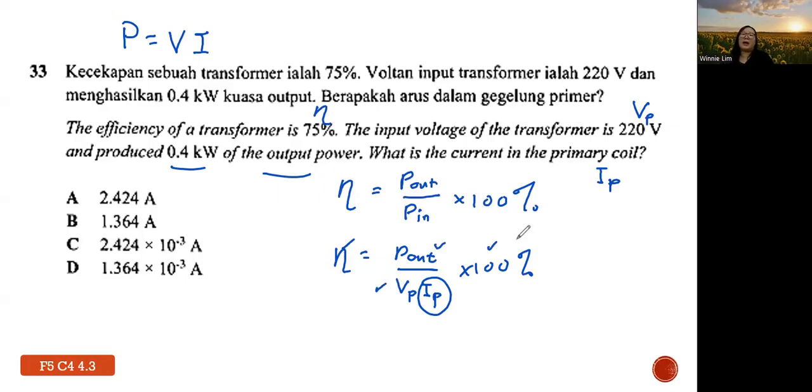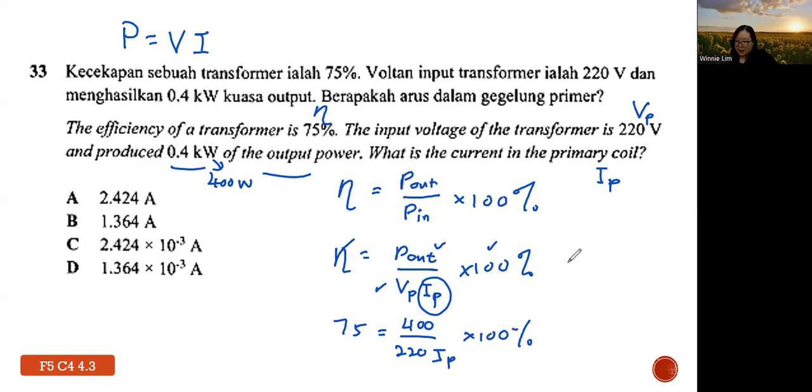Notice now I can substitute into the equation. So 75 equals, 0.4 kilowatt means 400 watt. So I change to SI unit, 400 over 220 IP, then times 100%. So slowly do your maths.